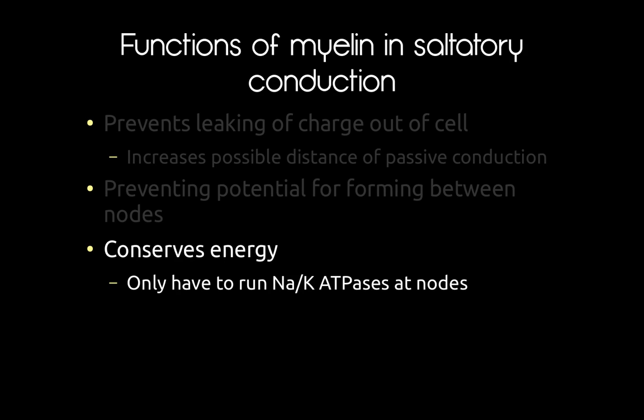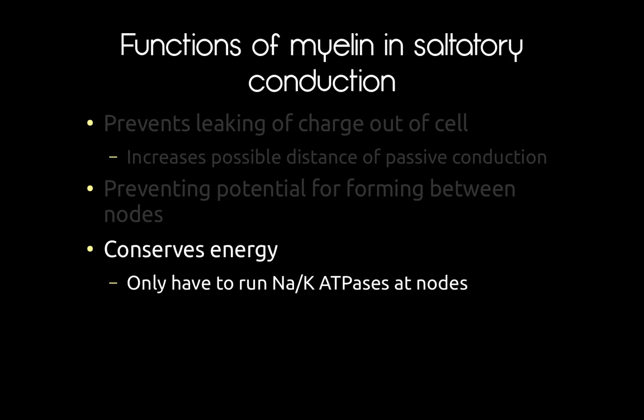You only have to run your sodium-potassium ATPases at these nodes of Ranvier. You don't have to run them the entire way along your axon. So we're getting higher conduction velocity out of less energy usage. That's a really big plus.